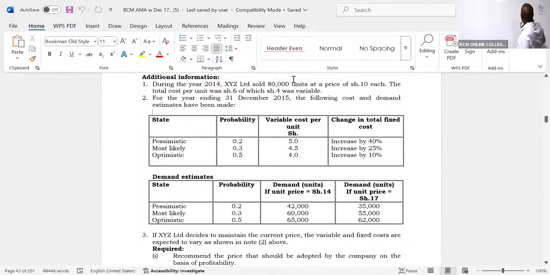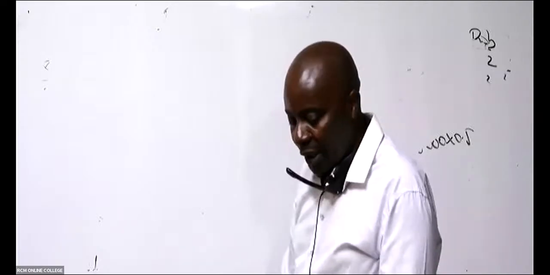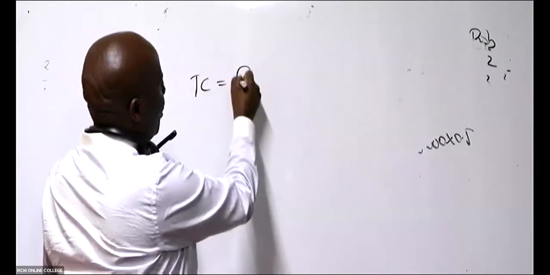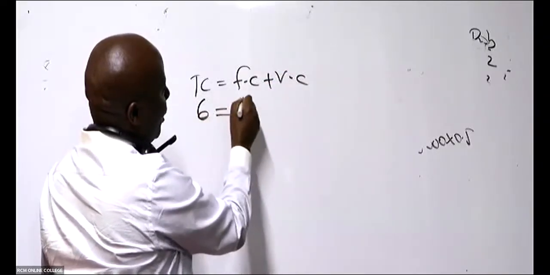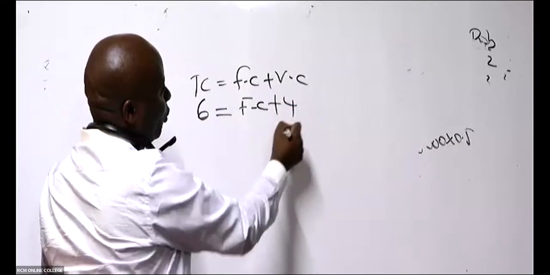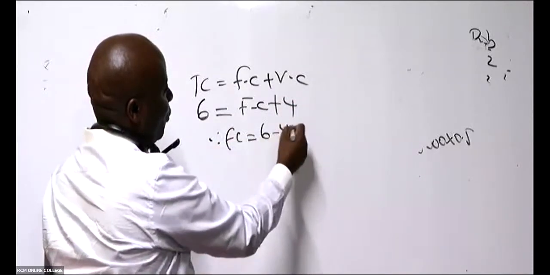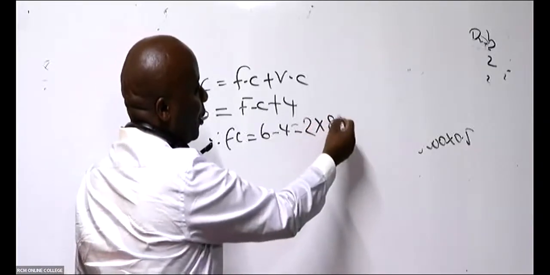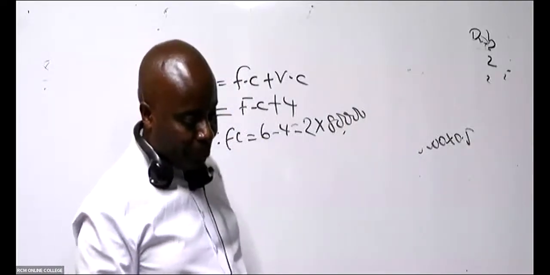Fixed cost we don't have, but they have told us variable cost is 4. Therefore, fixed cost will be 6 minus 4, which is 2 per unit, times the current production to get total fixed cost. I hope that is helpful.